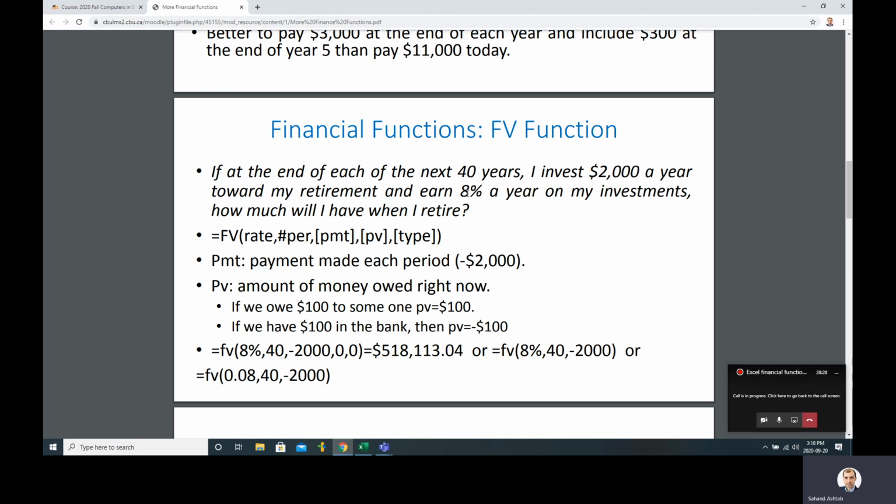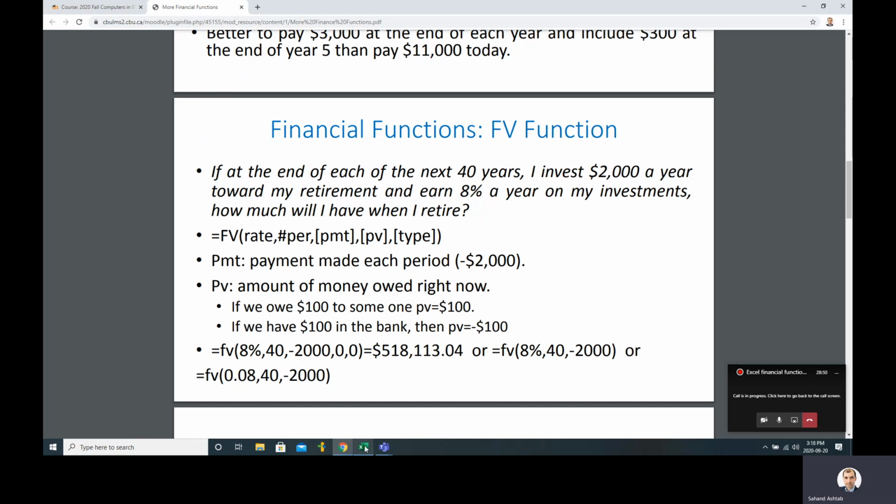This 8% is close to a lot of retirement plans available in the banks. Sometimes it's even more than 8%. So if you put $2,000 aside a year at 8% for 40 years, after 40 years, you have $500,000.